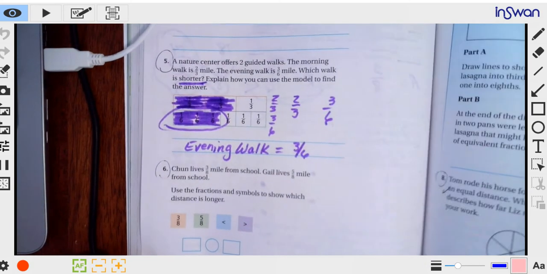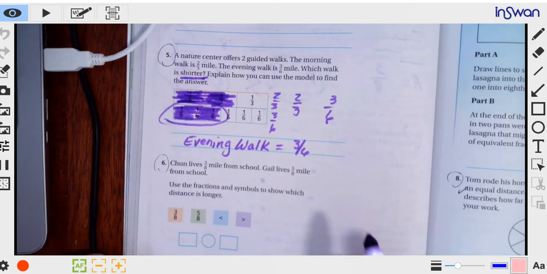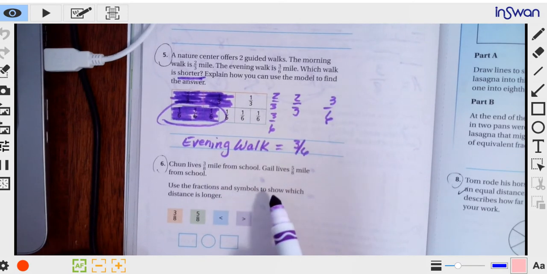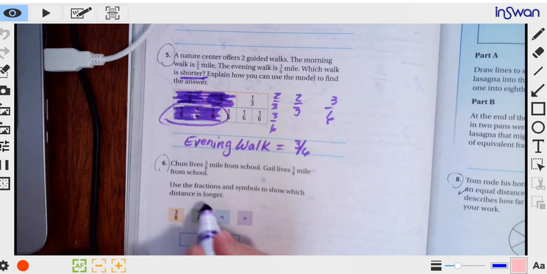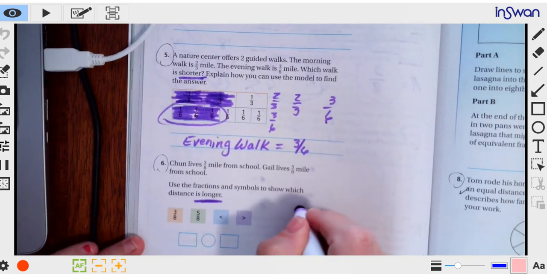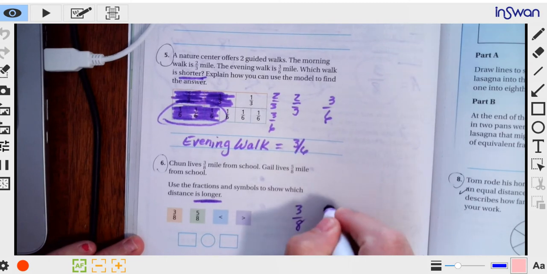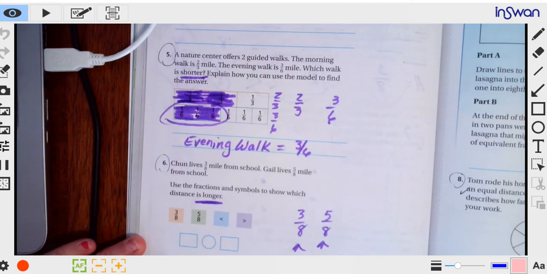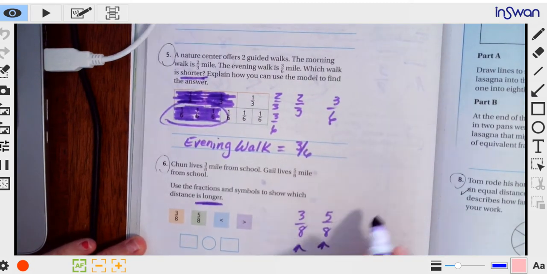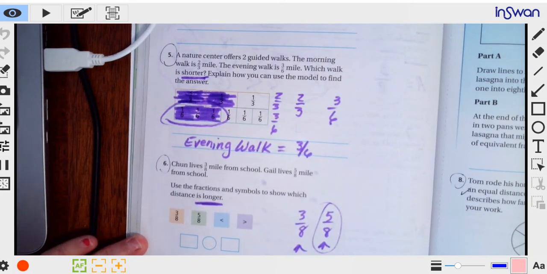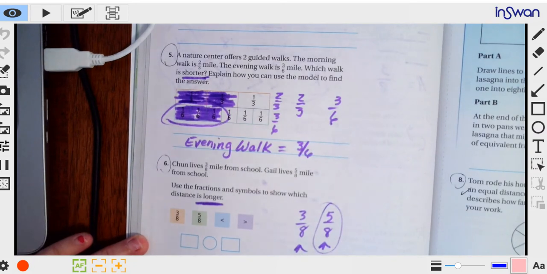Chun lives 3/8 mile from school. Gail lives 5/8 mile from school. Use the fractions and symbols to show which distance is longer. All right. So we have 3/8 and we have 5/8. Oh, how wonderful. Our denominators are the same, so all you have to do is look at the number of pieces. So we know that this is going to be more, because if you have 3/8 and I have 5/8, I know I'm going to have more.